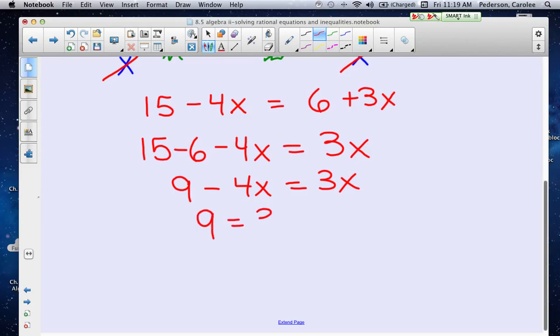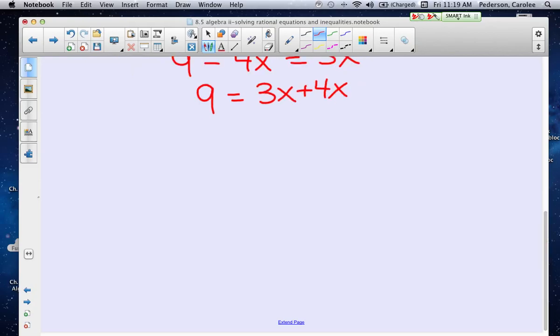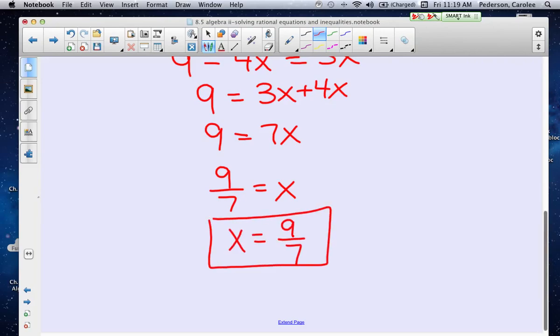So I'm going to add 4x. Combine like terms again. I get 7x. Last step is to undo that multiplying by 7. So divide both sides by 7. And my answer is x equals 9/7. I just solved the equation for x. Substitute it back in again to see if that truly is the answer.